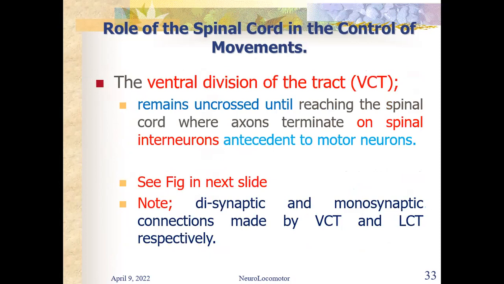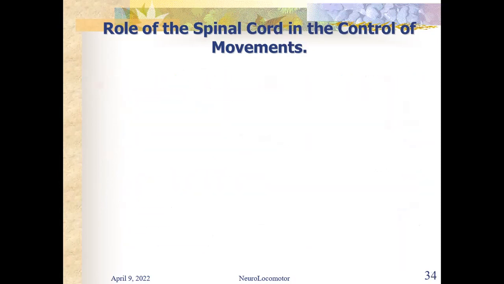The fibers cross and some fibers remain uncrossed. For the ventral division of the tract, they remain uncrossed until reaching the spinal cord, and the axons terminate on the spinal interneurons antecedent to the motor neurons. So they have disynaptic and monosynaptic connections made by the ventral corticospinal tract and the lateral corticospinal tract, respectively.